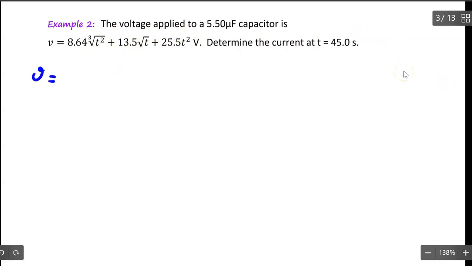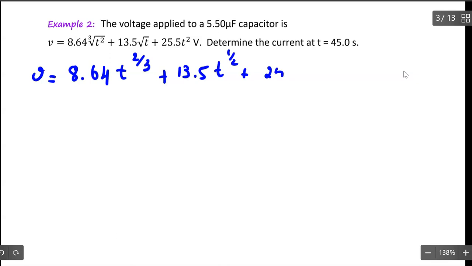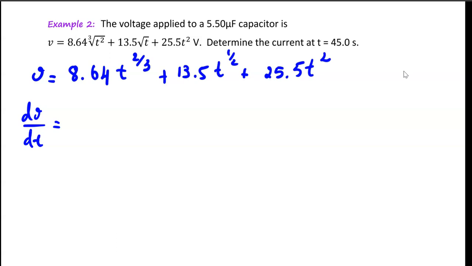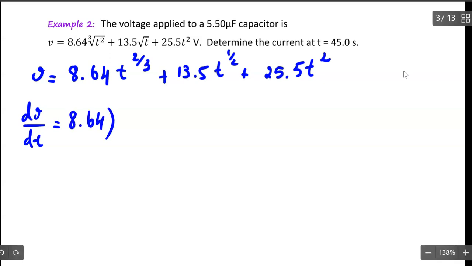So I will write V equals 8.64 times t to the exponent 2/3 plus 13.5 times t to the exponent 1/2 plus 25.5 times t squared. Then, having the exponents, I can go ahead and differentiate. I do it step by step.